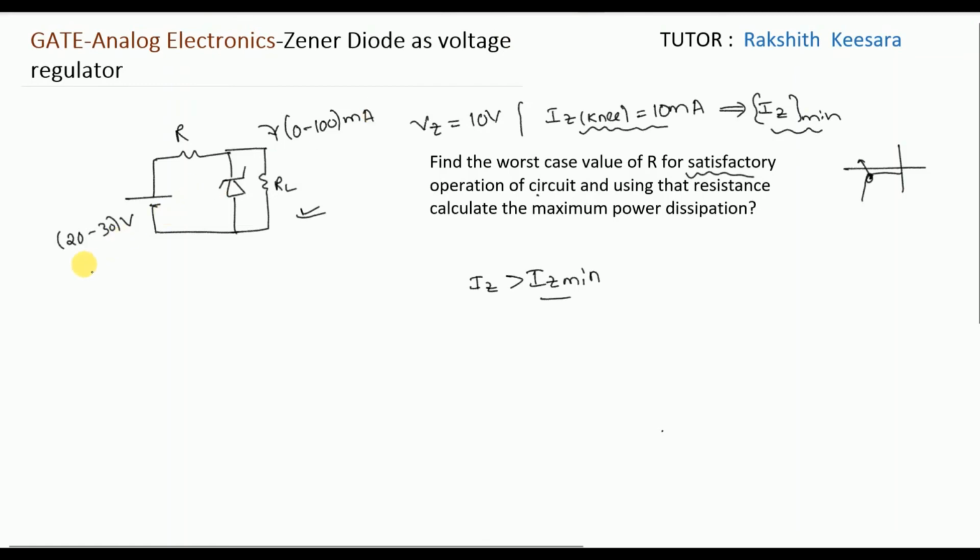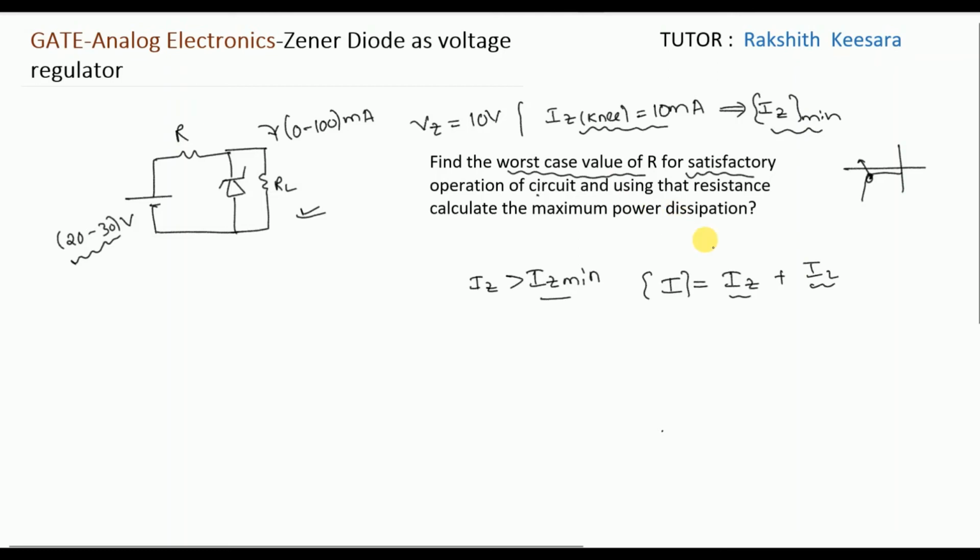If you see here, the input voltage is varying. He is asking the worst case value of R. So I equals IZ plus IL. If you observe here, guys, if IL is maximum, IZ will be minimum. And if IL is minimum, IZ will be maximum.